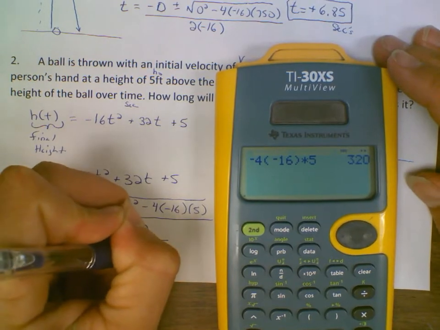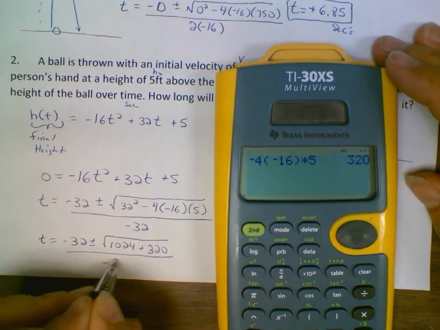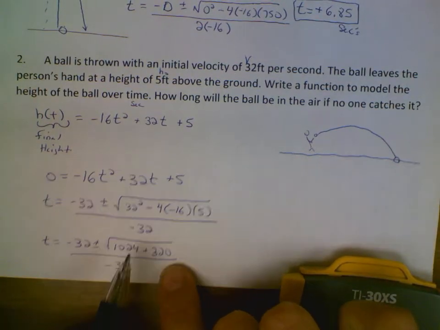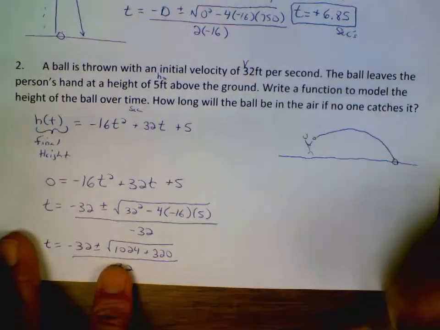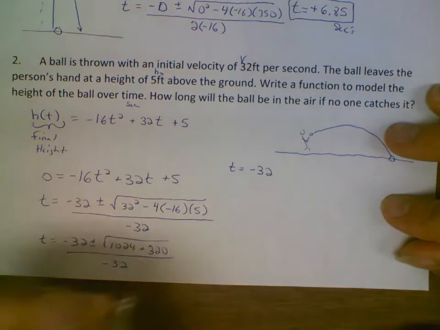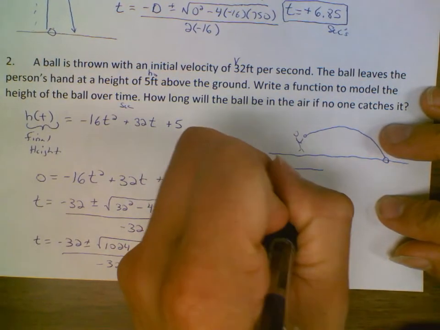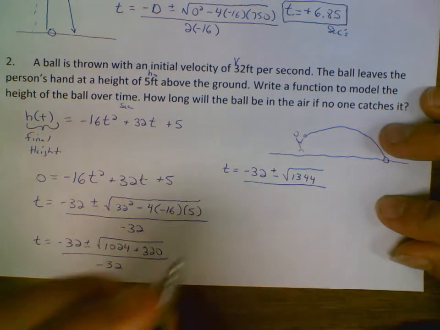So adding 320, and then everything is getting divided by -32. Okay, so now I'm going to put those two together. If I add those two together, I want to add 1024. I get 1344. So t equals -32 plus or minus the square root of 1344, and then I'm dividing by -32.